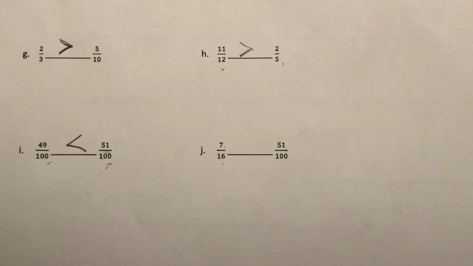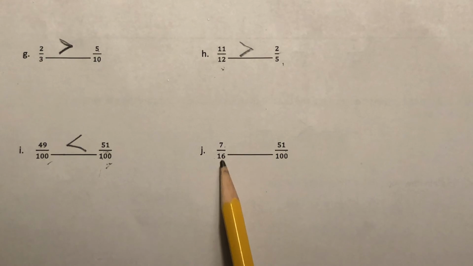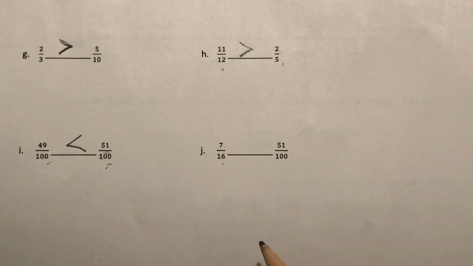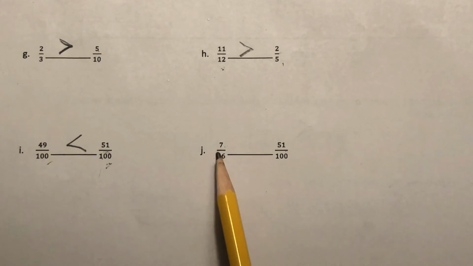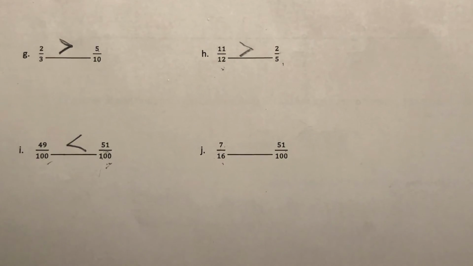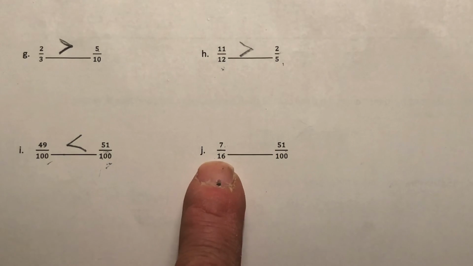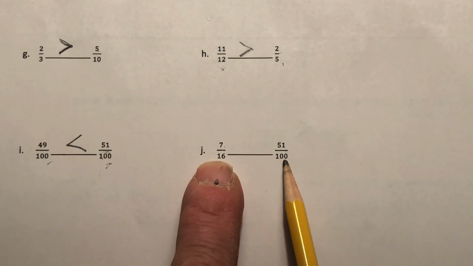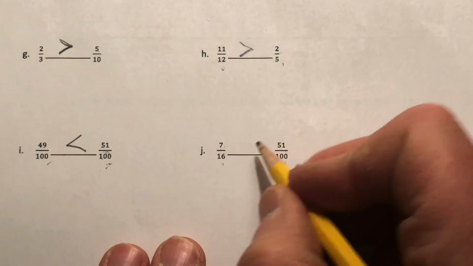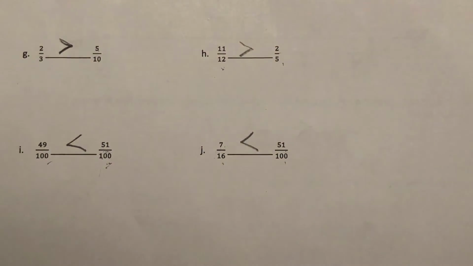What's exactly half of 16? And my answer is 8. So if this was 8/16, I would have exactly half. But it's not, it's 7/16, just a tad lower than a half. So this is just a bit lower than a half, and this is just a bit more than a half. So I know that 7/16 is less than 51 hundredths, okay?